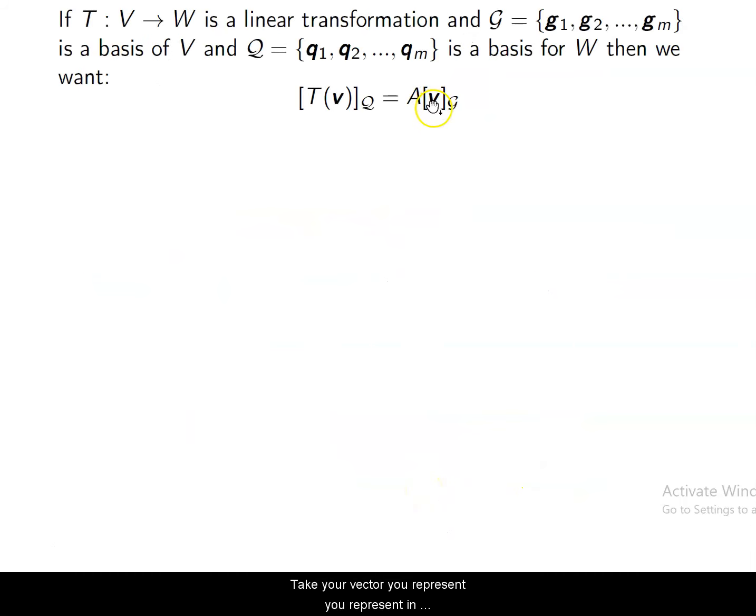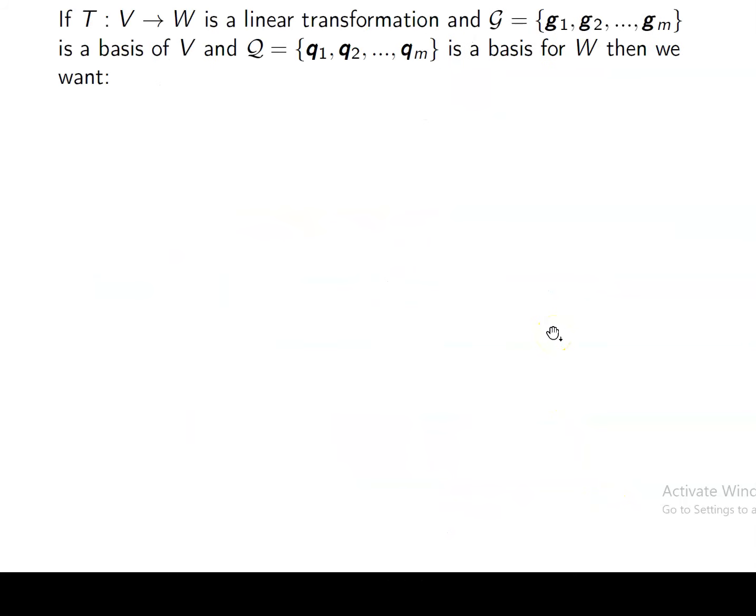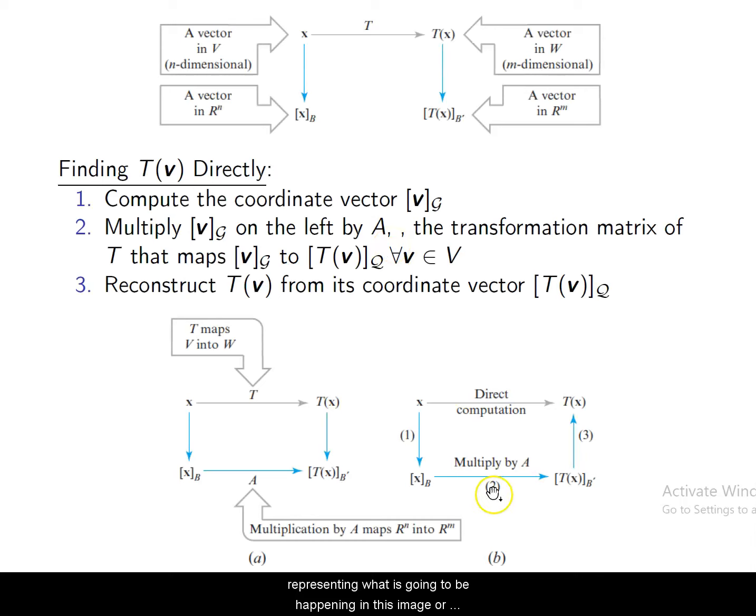Take your vector, you represent it in terms of your basis, you transform it by multiplying it by the transformation matrix, and then your output is the image of your vector in terms of the basis of the space that you transformed it into. And that's what this is saying. This is the mathematical way of representing what is going to be happening in this image, or this step-by-step process.